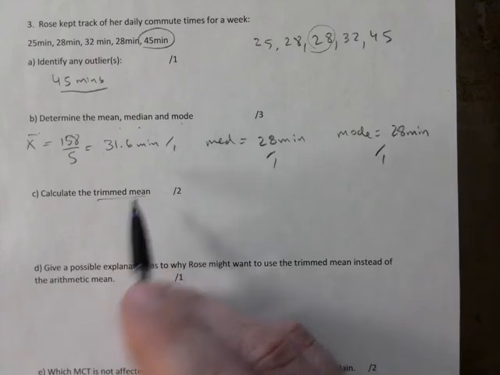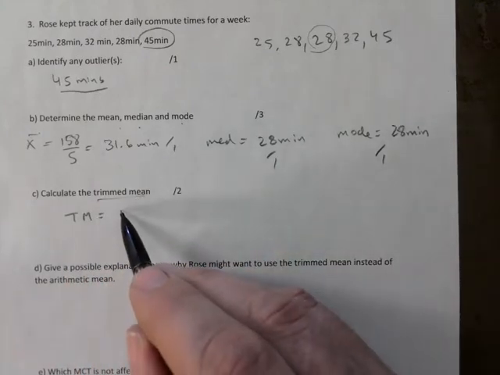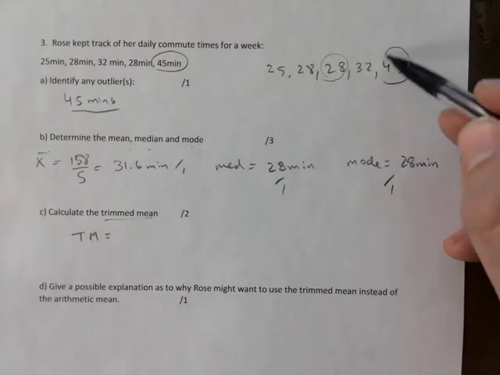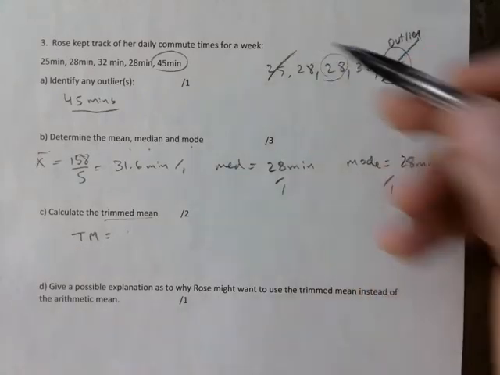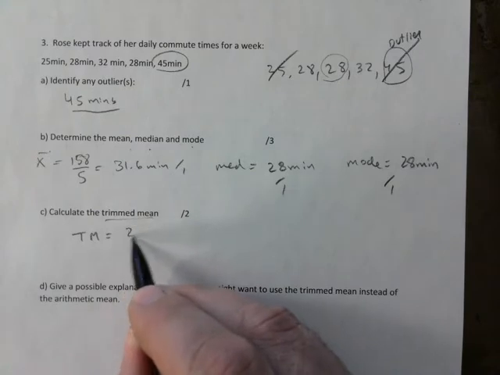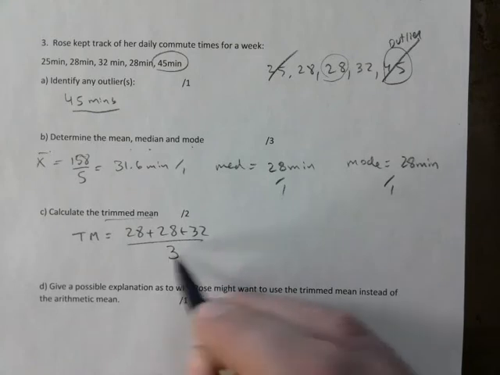Calculate the trimmed mean. There are various ways of doing that. You can circle the outlier and say, I'm going to trim. So I'm left with those 3 numbers, and that is 28 plus 28 plus 32 divided by 3.